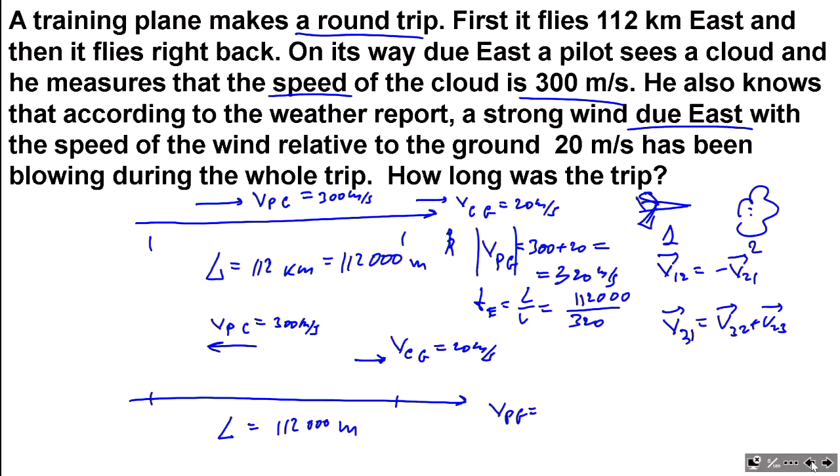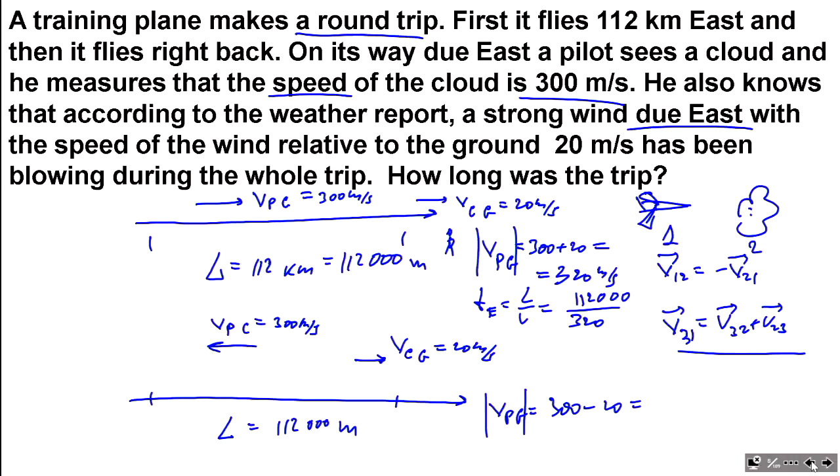What's going to be the difference in the second situation? Well, in terms of vectors, the equation is the same, but if we go from vectors to magnitudes, now we have to subtract actual values. So the magnitude of the velocity of the plane relative to the ground, which we call the speed of the plane relative to the ground, now will be equal to 300 minus 20, because the air dragged it back a little.